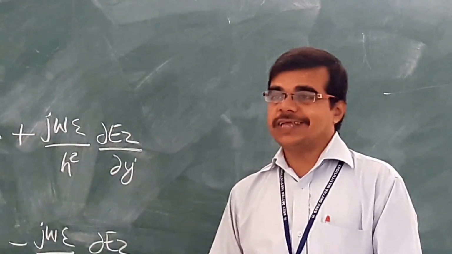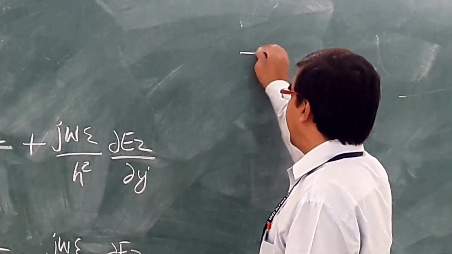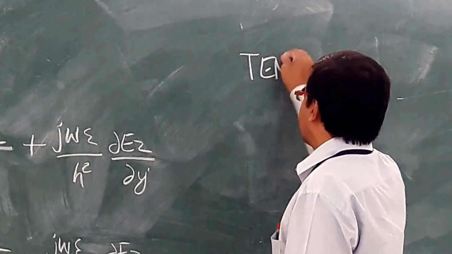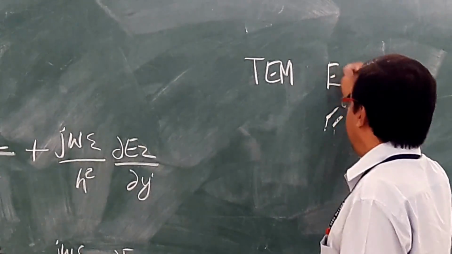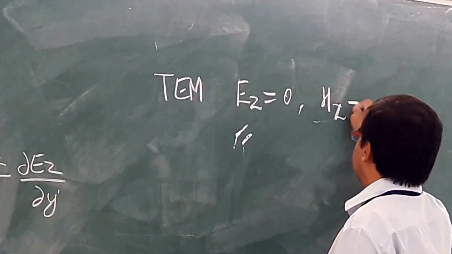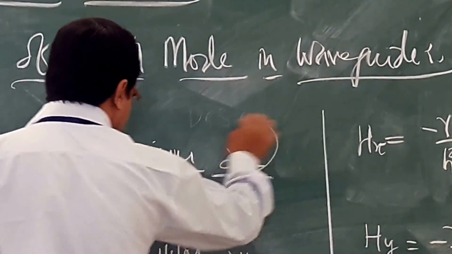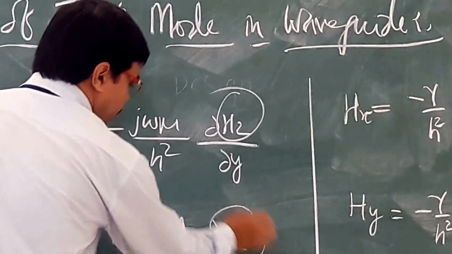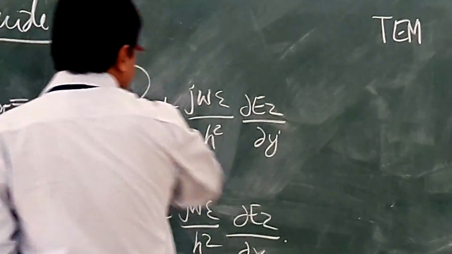Going for the transverse electromagnetic mode, we have the Ez component equal to 0 and the Hz component equal to 0. Here you have the Ez component, Hz component, Ez component, Hz component, and here Hz.